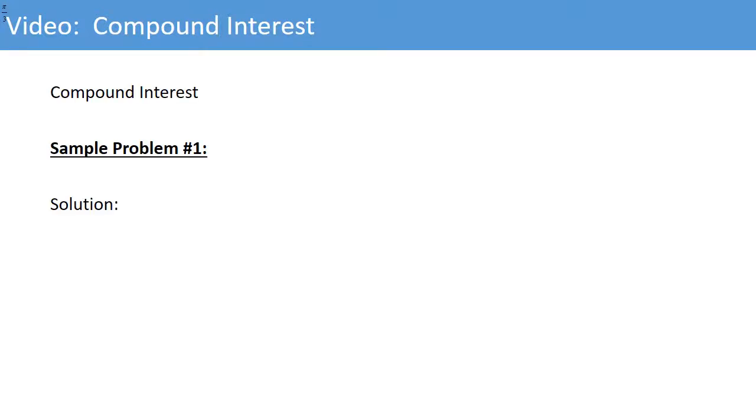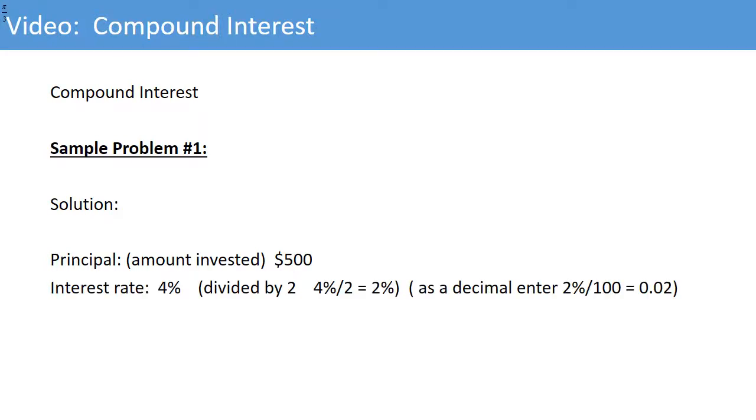Now, what does that mean for the solution? The principal amount, $500. Take the interest rate, divide by 2, change it to a decimal, and it would be 0.02. The term, 6 years, multiplied by 2 is 12.